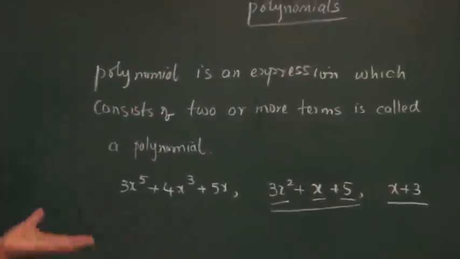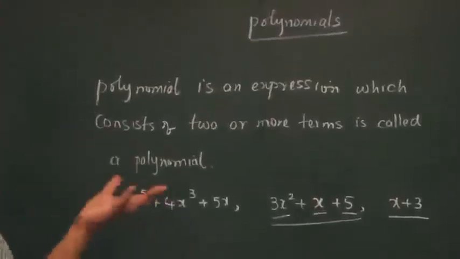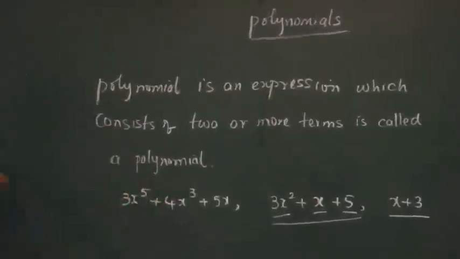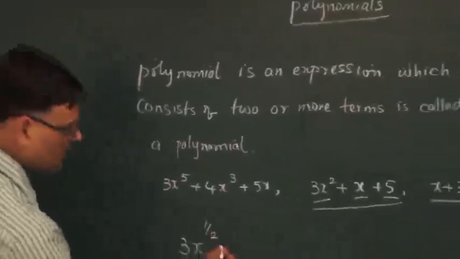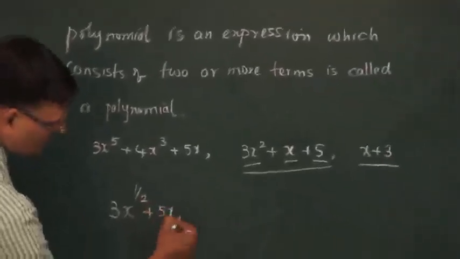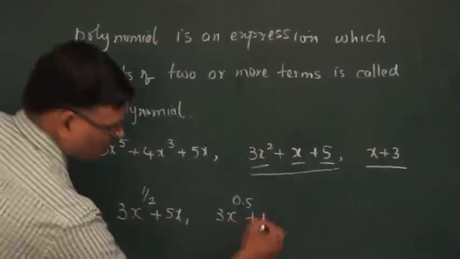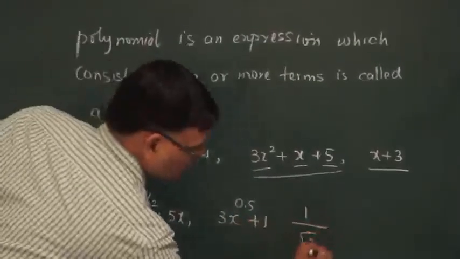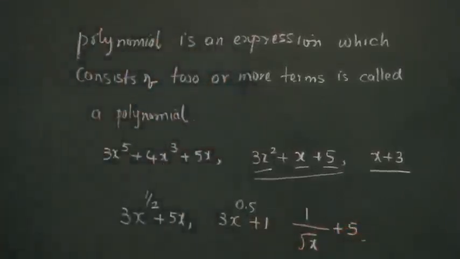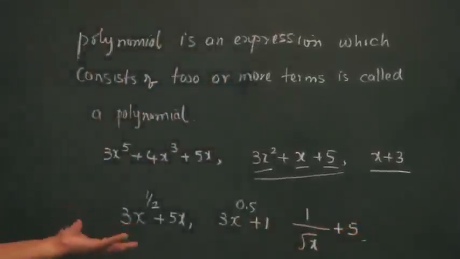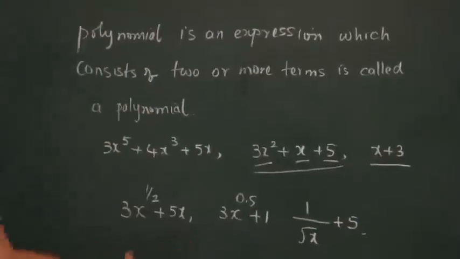Now let us come to know under what condition given expressions are polynomials. First example: 3x to the power of 1 by 2 plus 5x, and 3x to the power of 0.5 plus 1, and 1 by root x plus 5. These are the three expressions. Are the given expressions polynomials?